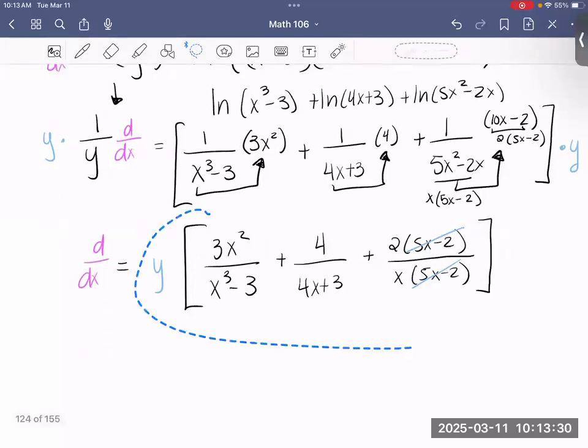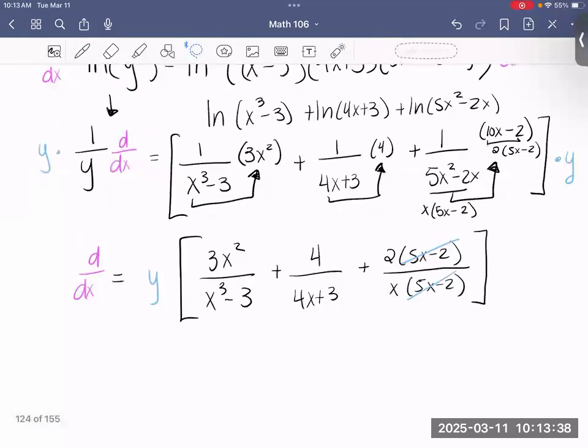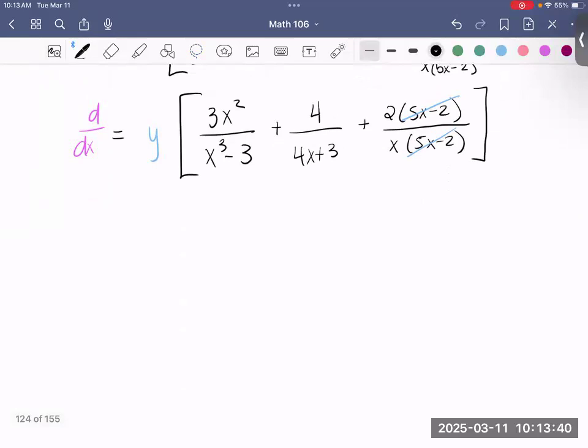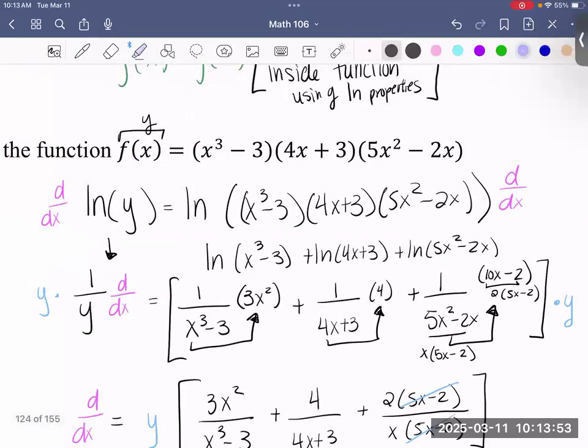Last thing to do is to grab your y. Last thing to do is d over dx, which is equal to your initial y. We said that was the initial function up here. So this thing right here.